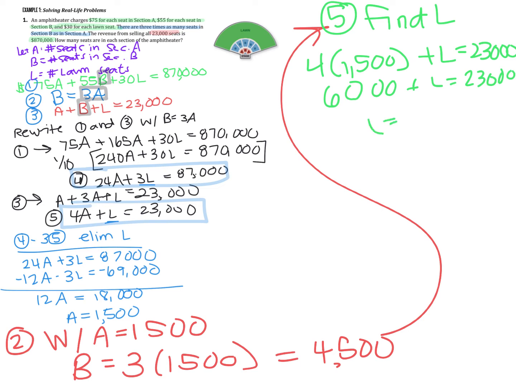If I subtract 6,000 on both sides, I'm going to get that L is 17,000.